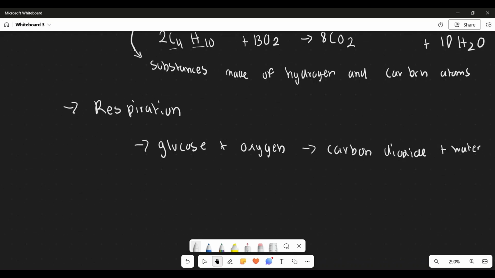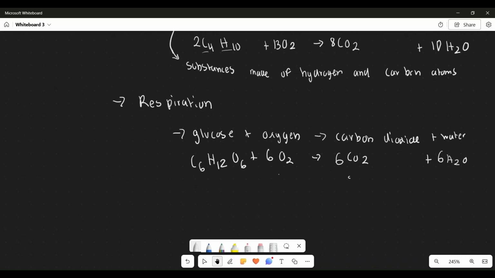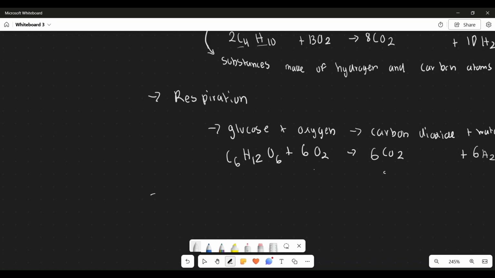This is the chemical reaction: glucose plus oxygen equals carbon dioxide plus water. That's it for respiration.